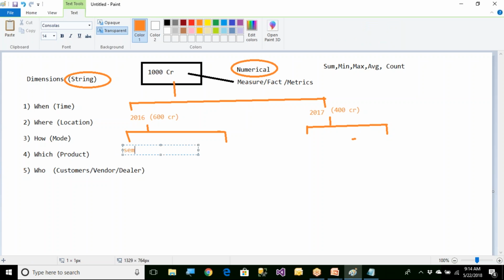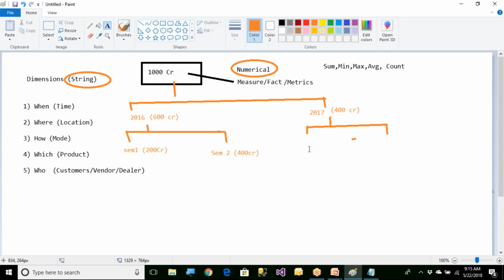Let me say in semester 1 the business is 200 crores, and in semester 2 the remaining 400 crores is the profit. The same thing would happen in 2017: you may get 150 crores business here, and the remaining 250 crores there.